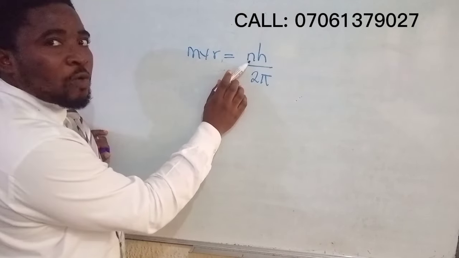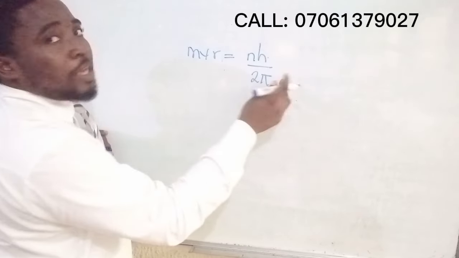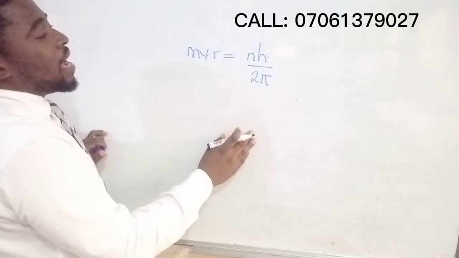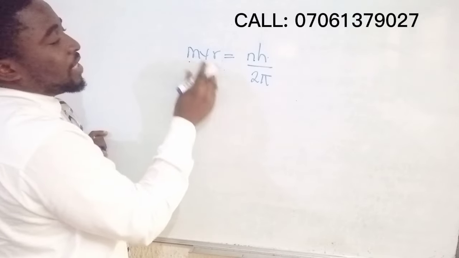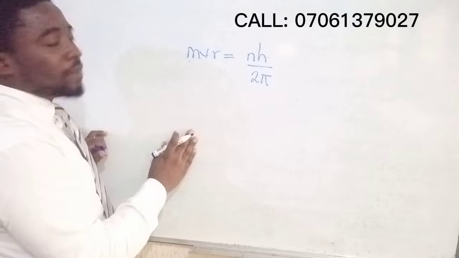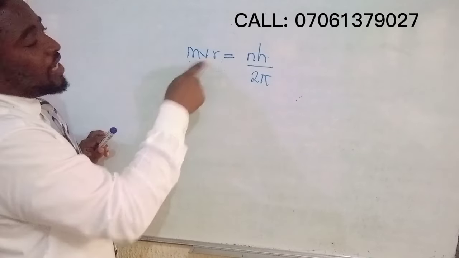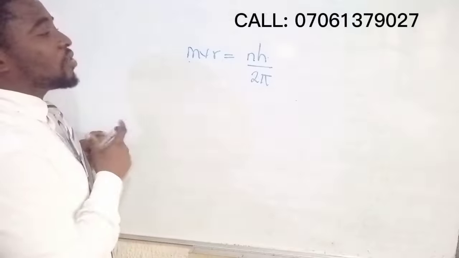This n is the quantum number of the shell in question. This h is called the Planck's constant. And then here is the mass of the electron, the mass of the charge. This is the velocity of the electron. So from here, I want us to make v the subject of the formula. We had it somewhere.